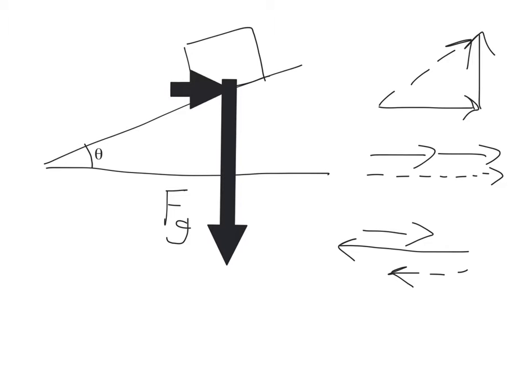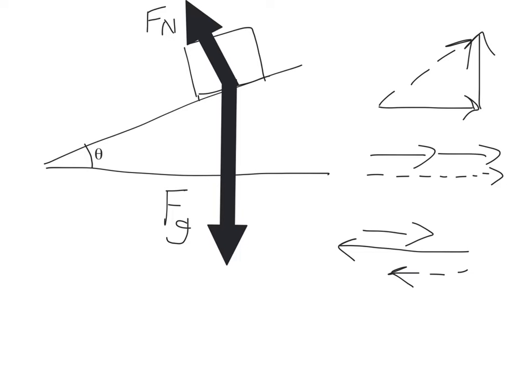So we have a normal force that looks like that. I'm not necessarily sure how big it is, but hopefully we can understand already that this normal force is likely going to be smaller than Fg. The only time it's the same, when we have just an object resting on a surface, is if it's on a flat surface like this.